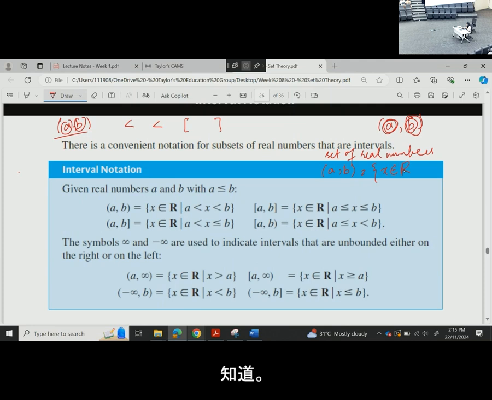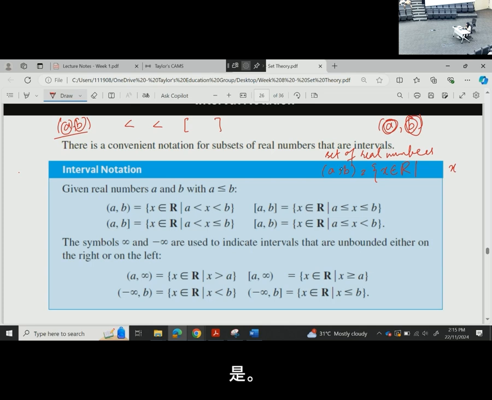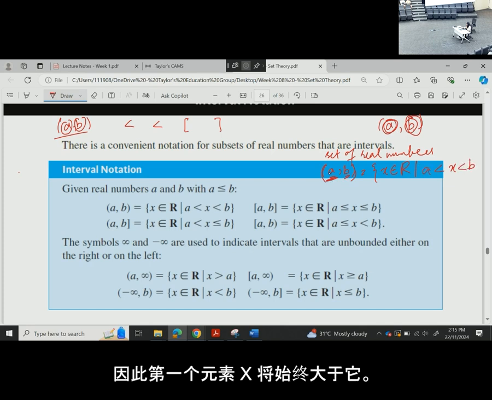This is your domain from predicate logic, you should know, such that X is, you will look at what type of bracket it is. It is round bracket, so it is greater than A and it is less than B. So first element, X will be greater than that always, and second element, X will be smaller than that. And because it is round bracket, these 2 will not be included.